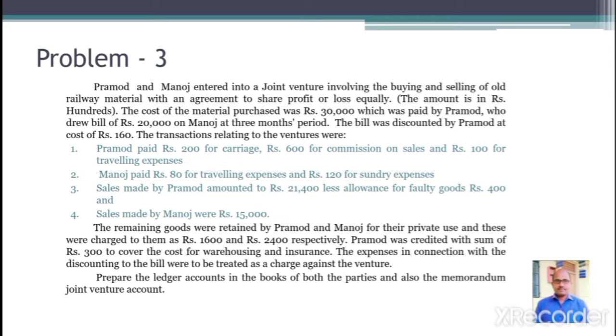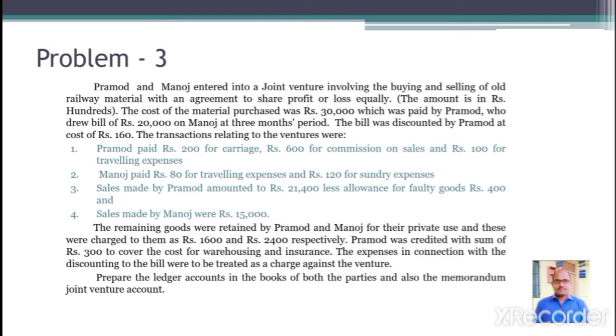The transactions related to the ventures are as follows. Pramod paid rupees 200 for carriage, rupees 600 for commission on sale and rupees 100 for travelling expenses. So these are the expenditures incurred by Pramod. The next, Manoj paid rupees 80 for travelling expenses and 150 for sundry expenses.